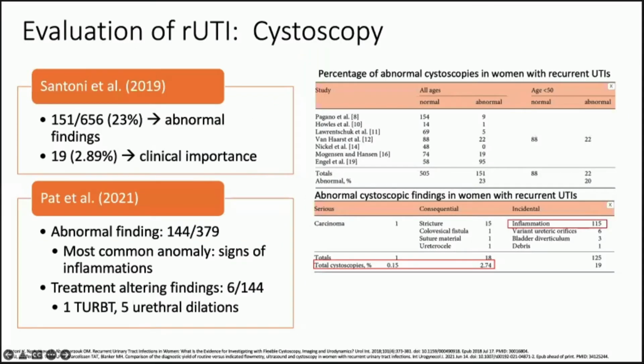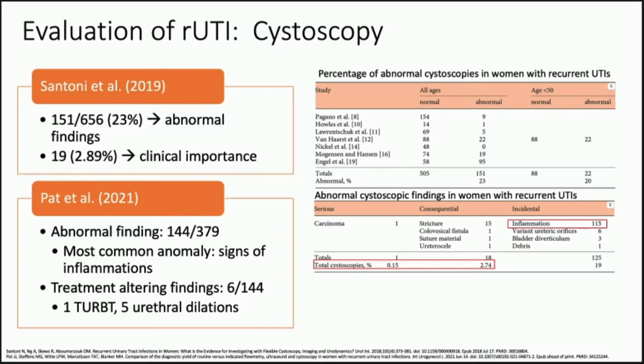So now let's look at the evaluation for recurrent UTIs and the need for cystoscopy. There are two studies that I'm going to focus on here. There was a review performed by Santoni and colleagues where they pulled data from 7 studies, totaling 656 patients that underwent a cystoscopy. Of those, 151, or 23%, had an abnormal finding.